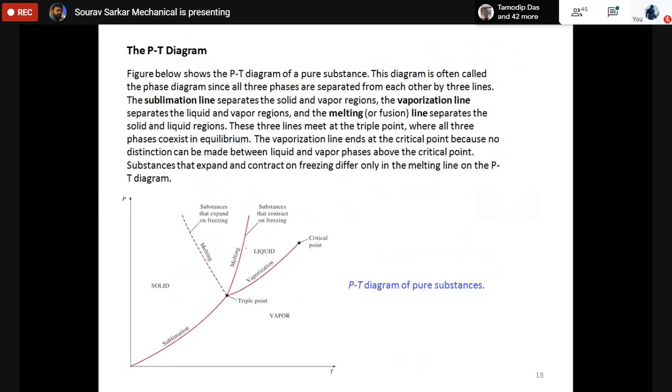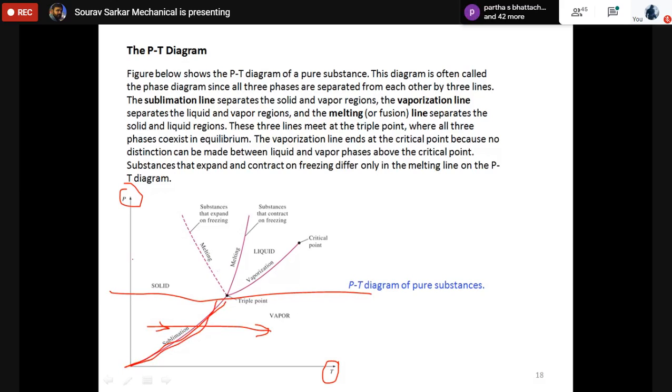Now the triple line. If I try to plot the PT diagram, pressure versus temperature: up to a certain pressure, the solid directly converts into vapor. This line is called the sublimation line.